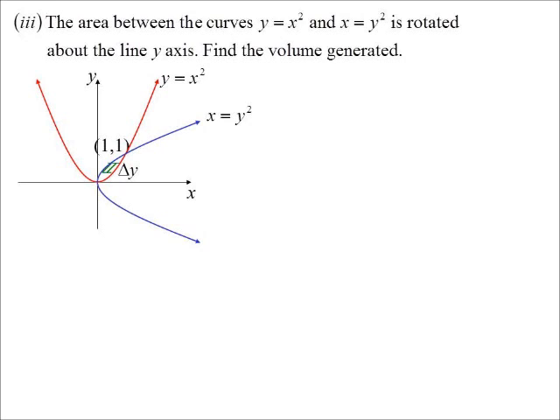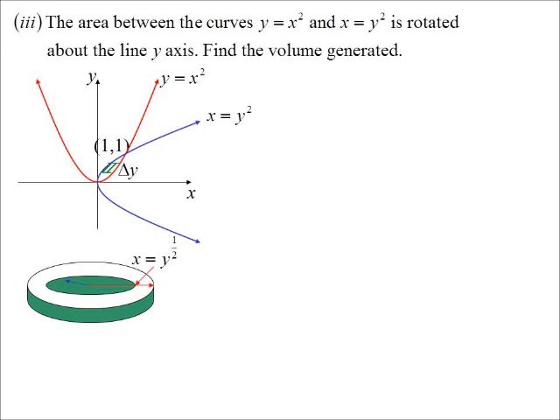But when I rotate this one now, I get a washer rather than a disc. So I need to find the outside radius, which would be the radius to the red curve. I need to make it in terms of y, so we get y to the power of a half. And the blue curve, it's y squared for the radius.